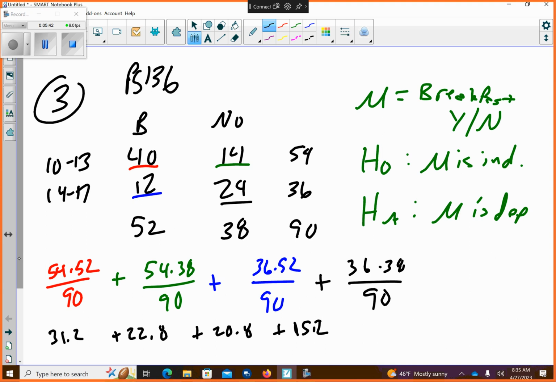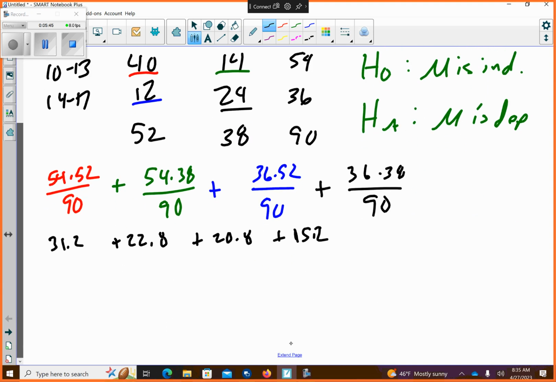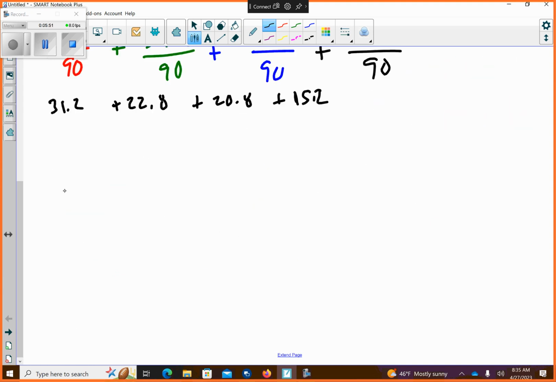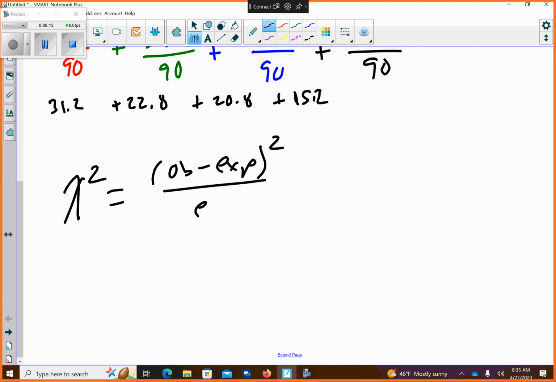So now we've got to get into our chi-squared. Our chi-squared is going to be, make sure I have the equation right, observed minus expected quantity squared over the expected.